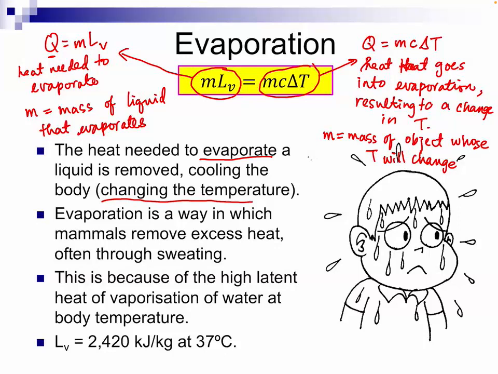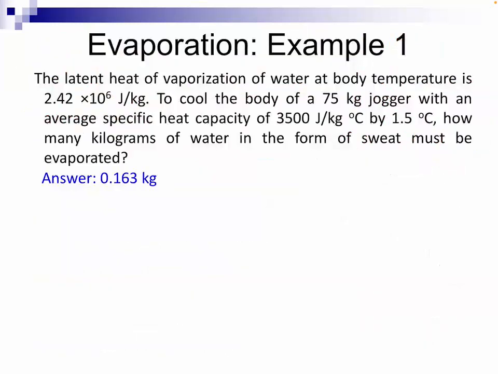Okay, all right, so let's look at this example of how evaporation cools down the body. The latent heat of vaporization is given here at body temperature. Sweat is mostly made up of water, and the latent heat of vaporization of water is given here.